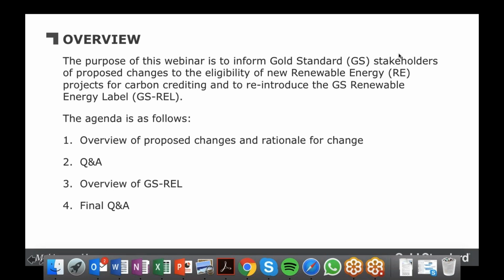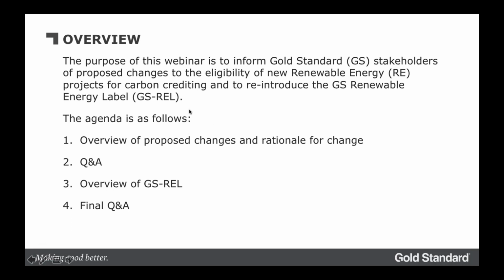But we want to do that with an alternative offering on board, and hence the need to present on that today. So if you're already well aware of renewable energy labels, then feel free to drop out at that point. But I think it's a useful thing to listen into, particularly if you are looking at the alternatives for your project portfolio going forward. And there'll be a chance for some questions on that at the end.